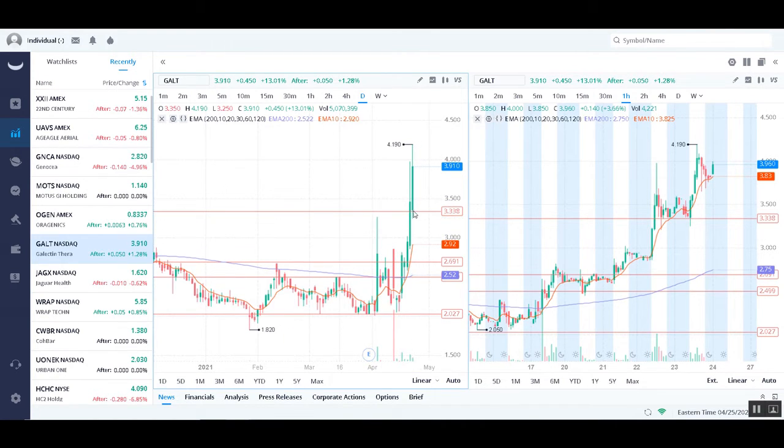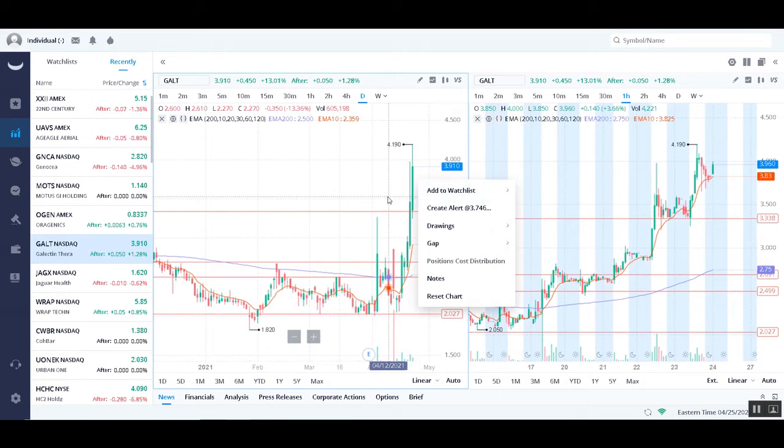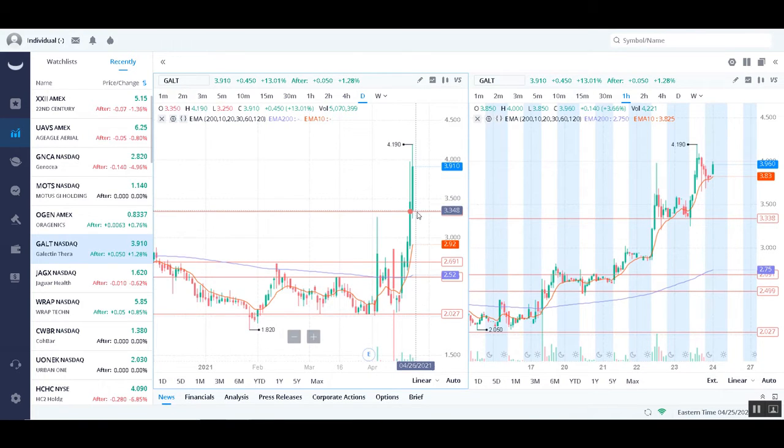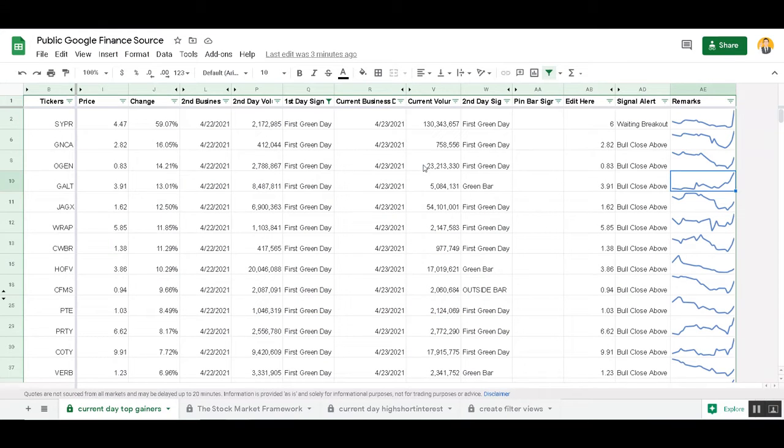But I don't expect a mini pullback anytime soon, because I prefer to be here, where the bulk of the money you can make from buying an uptrend is.